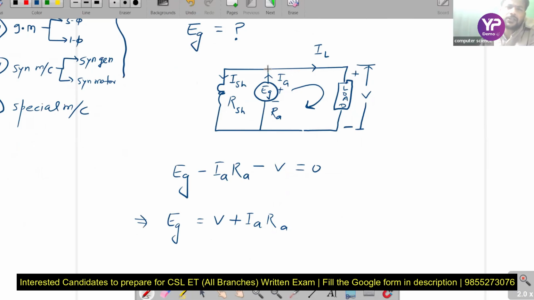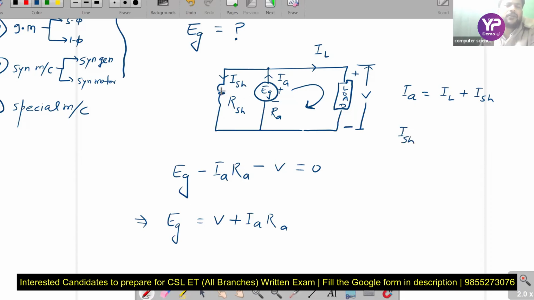To find it, apply KCL at that node. According to Kirchhoff's law, incoming current at a node is equal to outgoing current, so IA equals IL plus ISH. IL is given, ISH is not given, so first we find ISH.